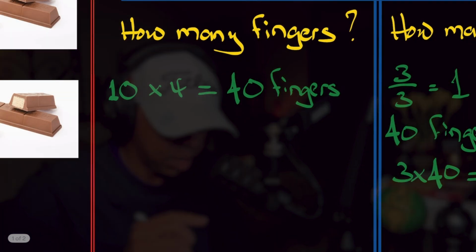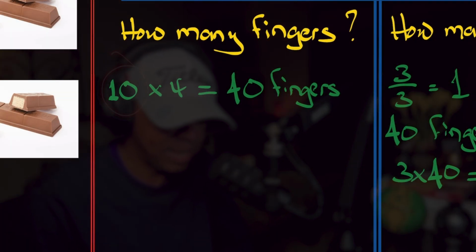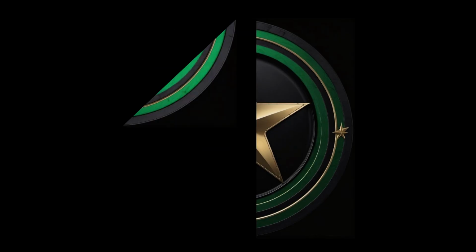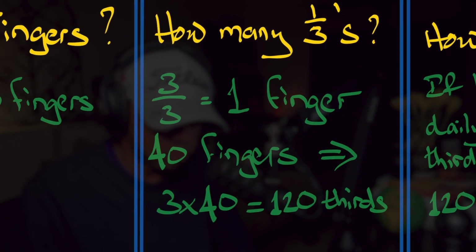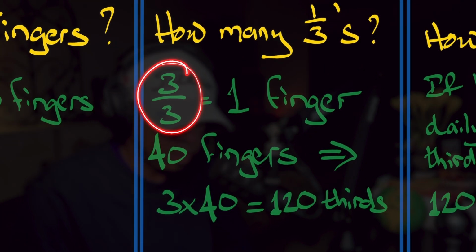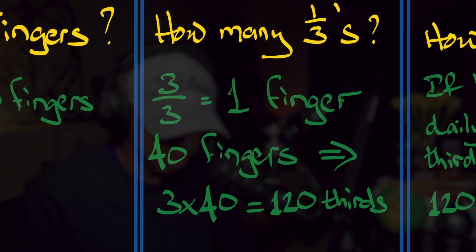How many fingers? Since he said he had 10 candy bars, and each of those candy bars had 4 fingers, 10 groups of 4 is going to give us 40 fingers altogether. How many thirds? 3/3 equals 1 finger.